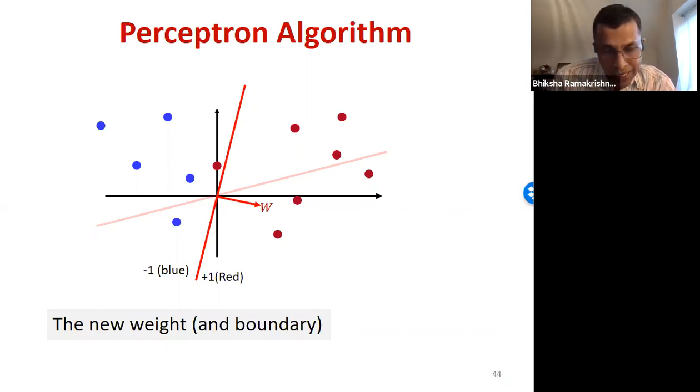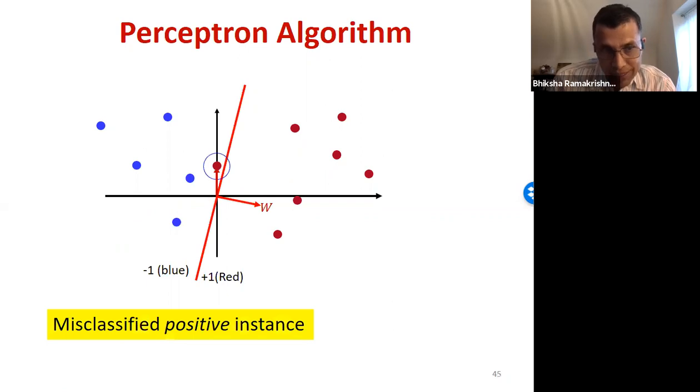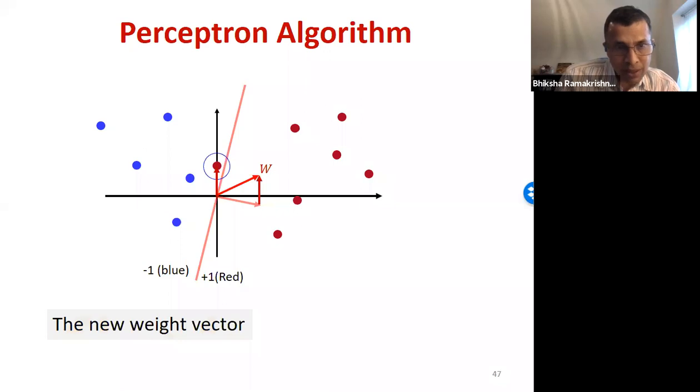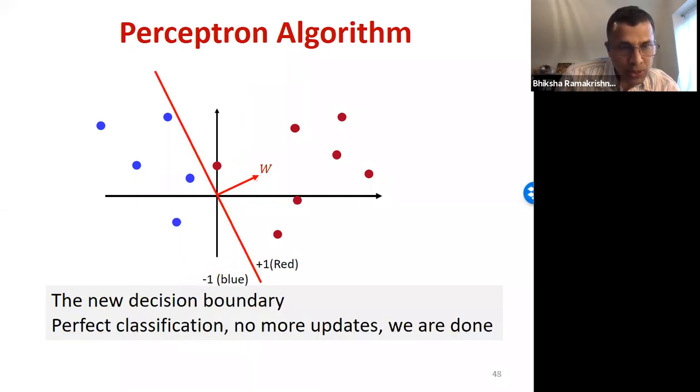But then I continue checking my data points. I find this guy is a positive instance that's misclassified, so I'm going to try to drag the weights vector towards that positive instance. I add it to the weights vector, which gives me a new weights vector, shifts the boundary, perfect classification, no more updates, we're done. Everybody get that? Okay.